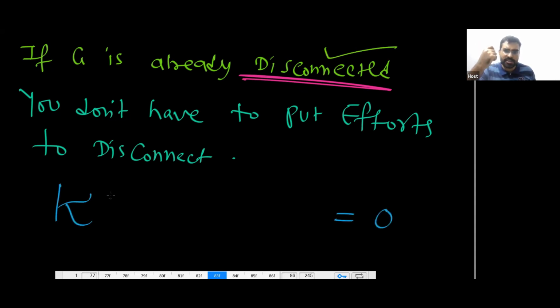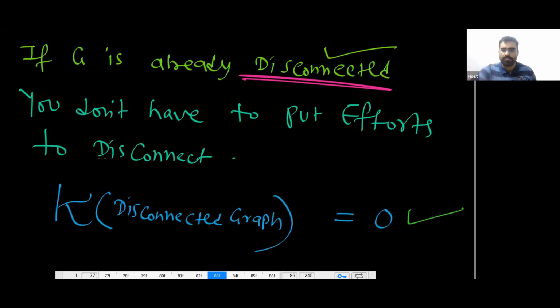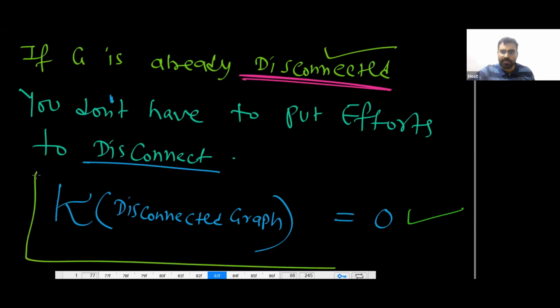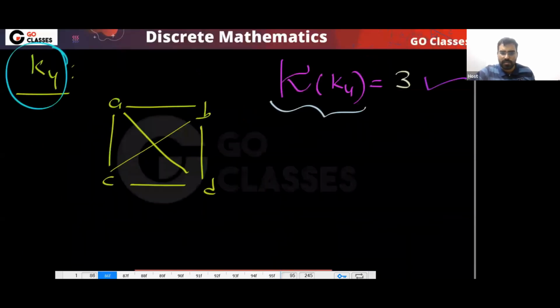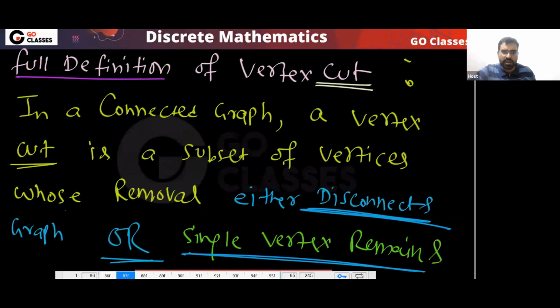Whatever disconnected graph you take, the kappa number will be 0, because the graph is already disconnected and there is no effort you have to put in. The connectivity number is 0 for a disconnected graph.